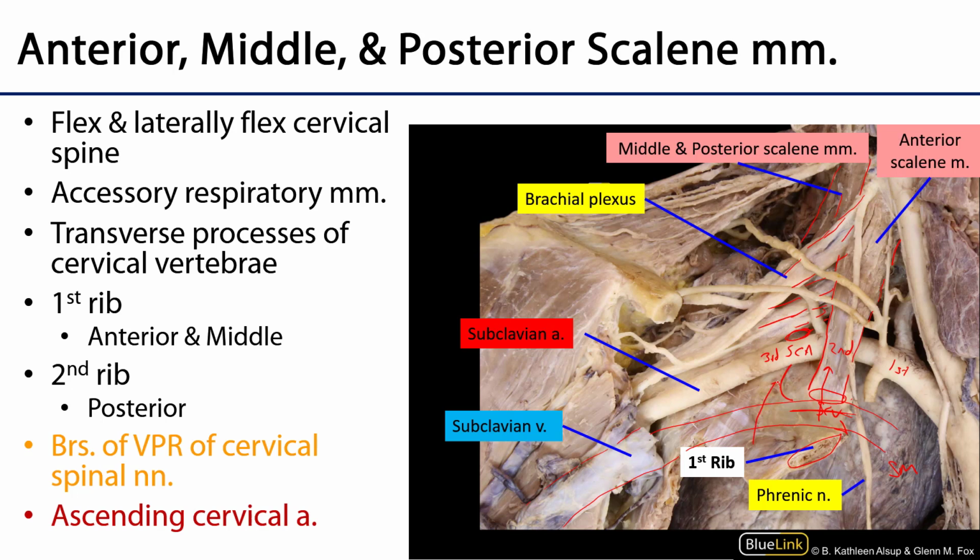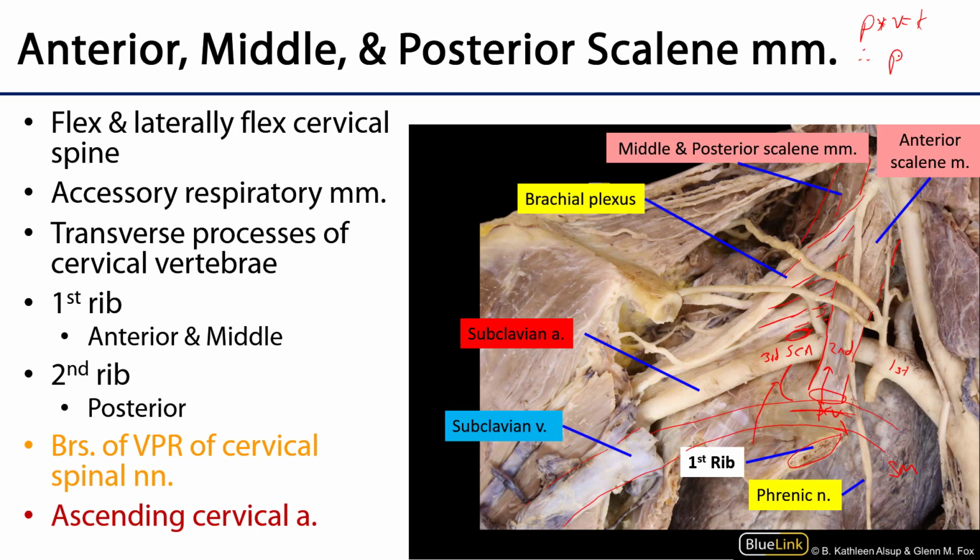And when you elevate ribs, you increase the space of the thoracic cavity. And by increasing the space of the thoracic cavity, you're increasing its volume. And if you remember Boyle's law, pressure times volume equals a constant.